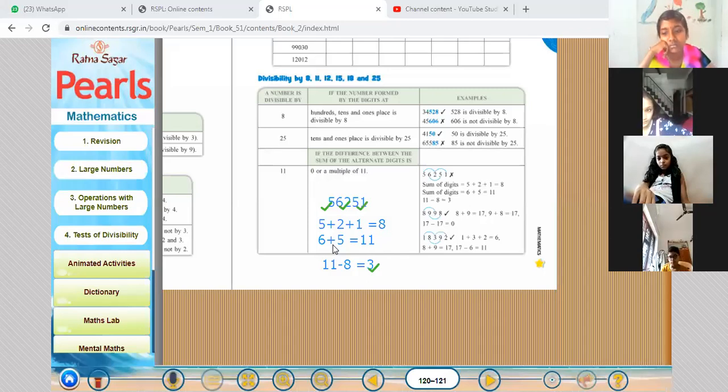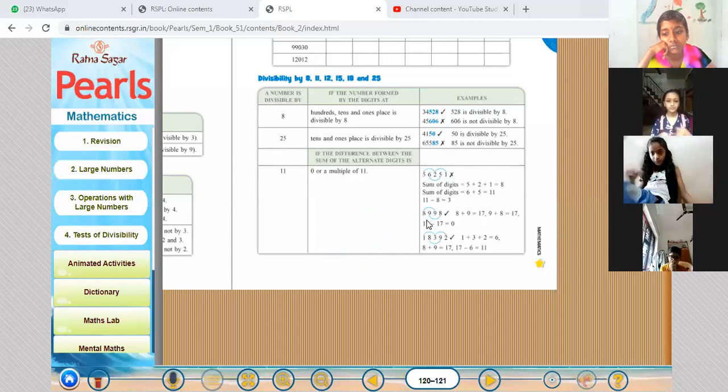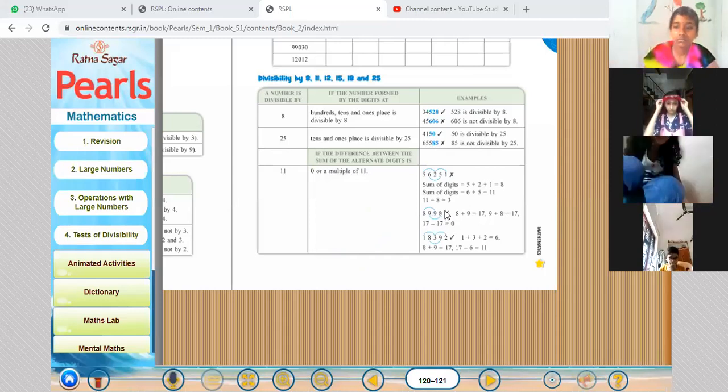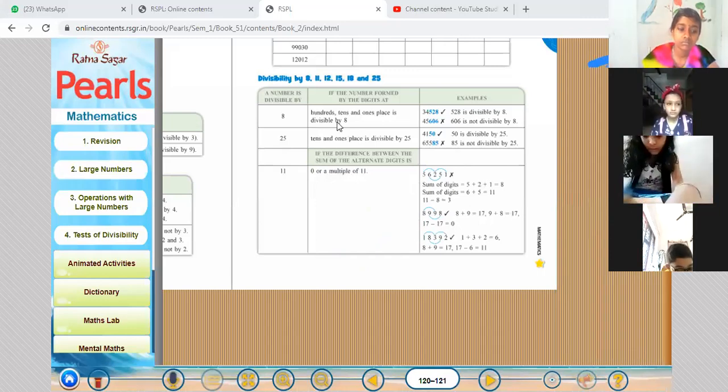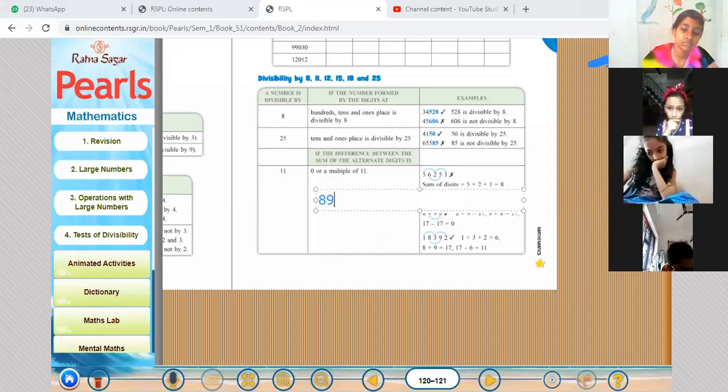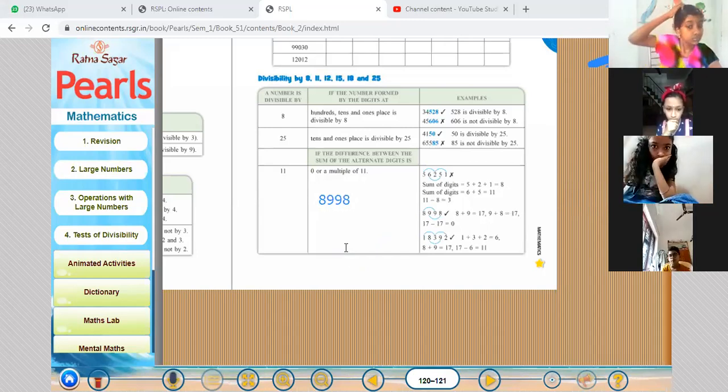The divisibility of 11. So, look at your textbook. What is our second example? The second example given for you is 8,998. Then, which are the alternate digits here?